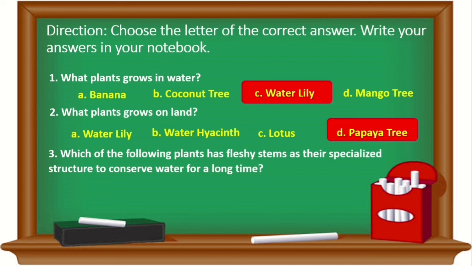Which of the following plants has fleshy stems as their specialized structures to conserve water for a long time? Is it A, cactus, B, cogon, C, pineapple, or D, strawberry? If you answer letter A, cactus, very good.